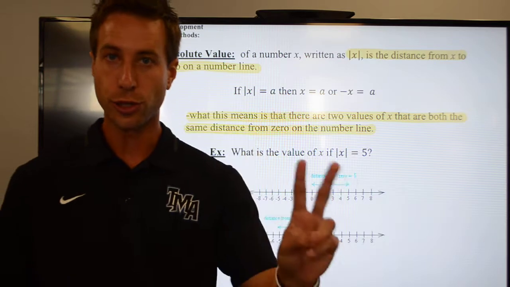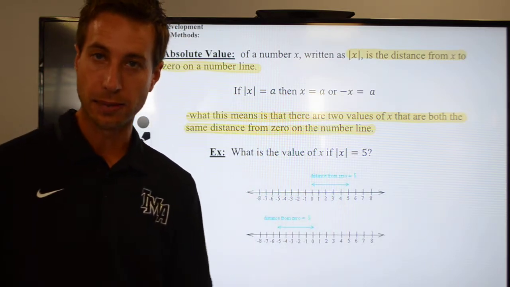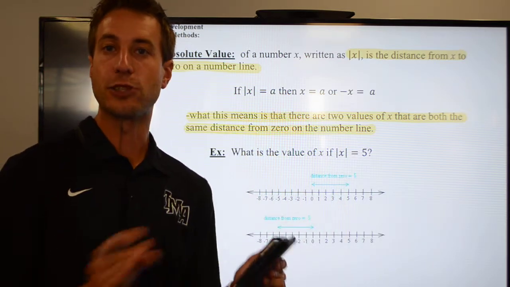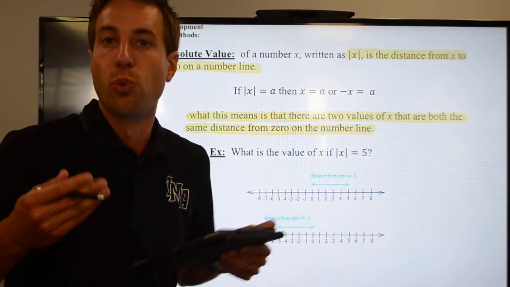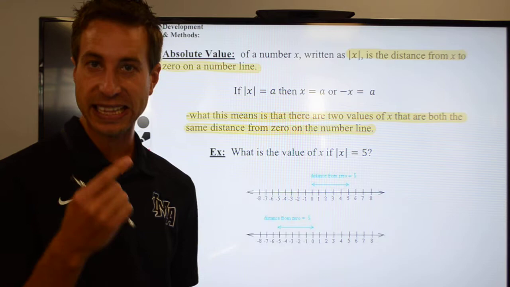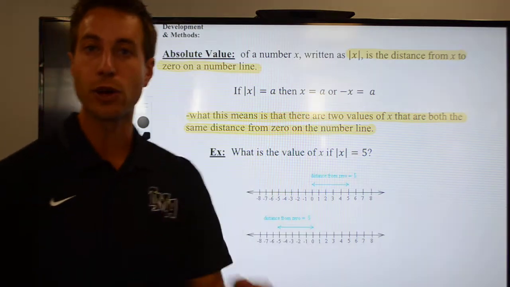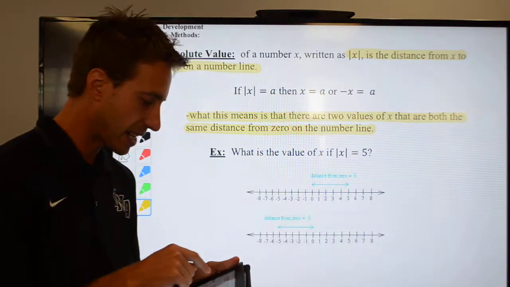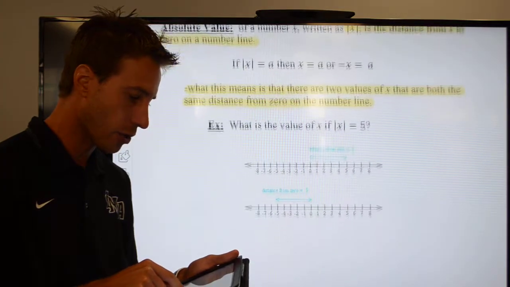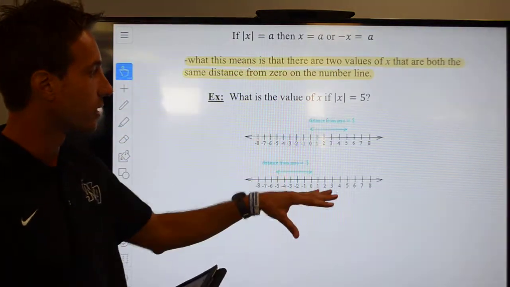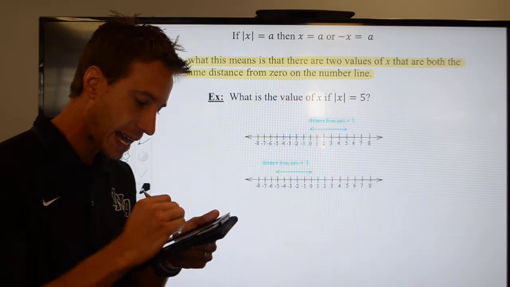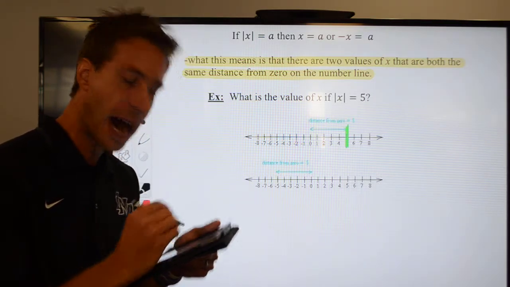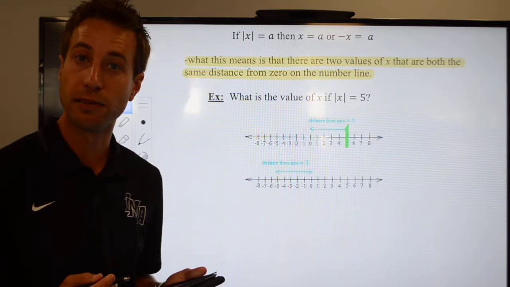There are two values when it comes to absolute value. There'll always be two numbers that are the same distance from 0, which means you're going to get the same answer even though you have two different inputs. And that's exactly what I'm trying to show you right here in this little diagram. In the first one, I want x to be a positive 5.